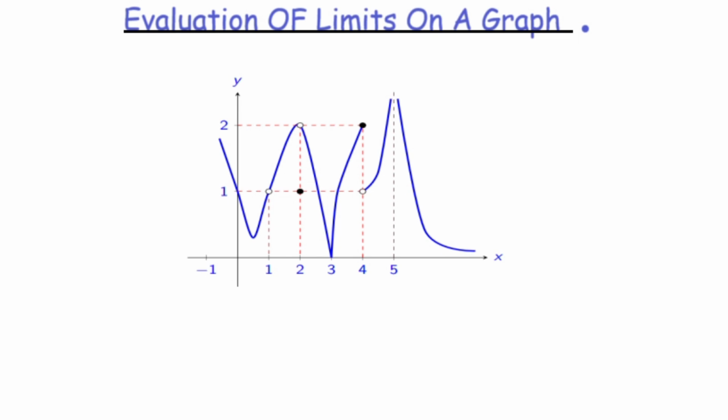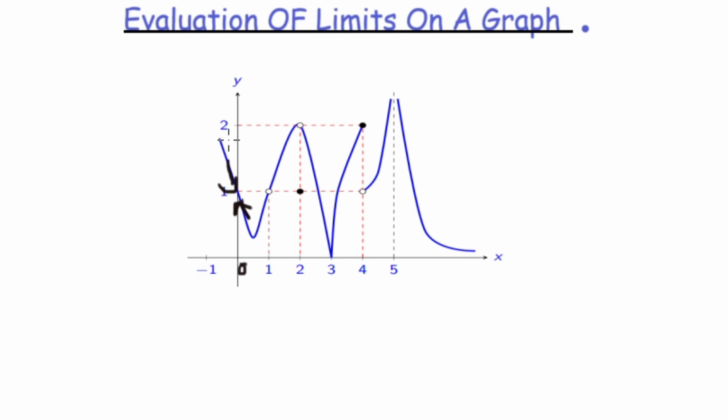Now, is the function continuous at 0? Now, for the function to be continuous at 0, the limit of f of x as x approaches 0, right, must exist. And for that to exist, the left hand limit and the right hand limit must exist.